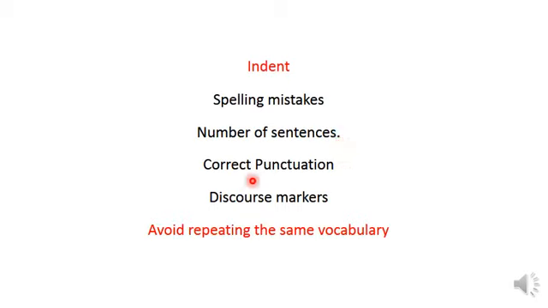Also, correct punctuation marks. You have to know when to use the question mark, when to use the full stop, also when to use comma. Some students tend to use capital letter after comma. So when they write a point and using comma, then when they start again, they will start with a capital letter.